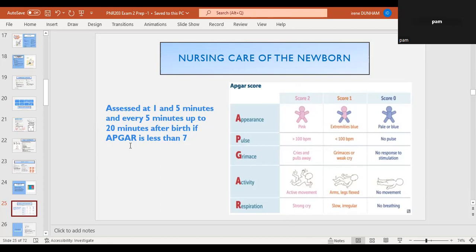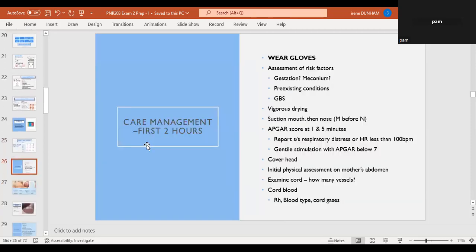So less than 7, you can do your own calculation. If it's less than 7, you need to watch this baby. This baby needs some extra care. So that's your APGAR score, and again, it's just the level of resuscitation that you need.